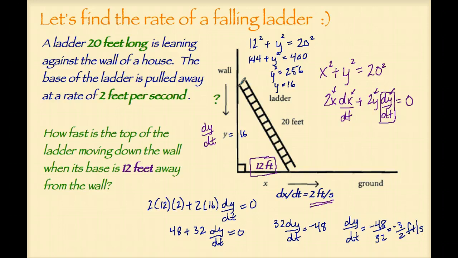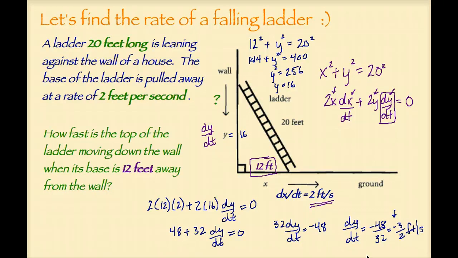So the rate at which the ladder is sliding down the wall at this moment is negative 3/2 feet per second. Notice it's a negative rate because the y quantity is decreasing. The reason why the x rate was positive is because the x value is increasing as the ladder slides away from the wall.